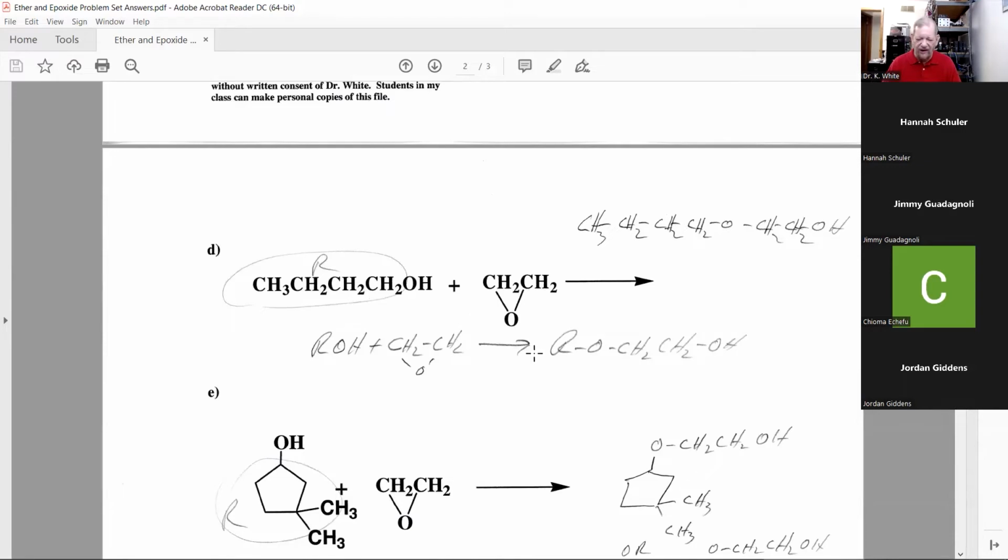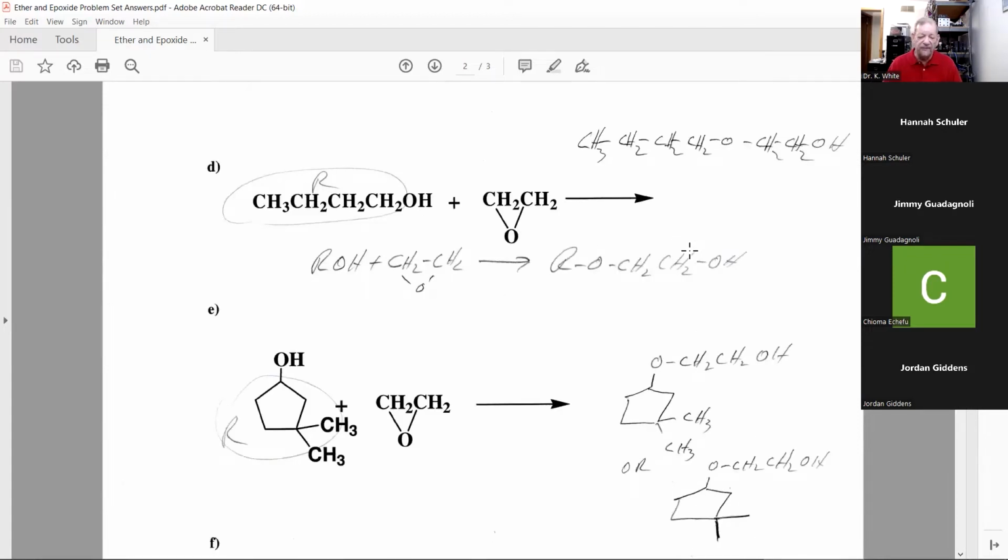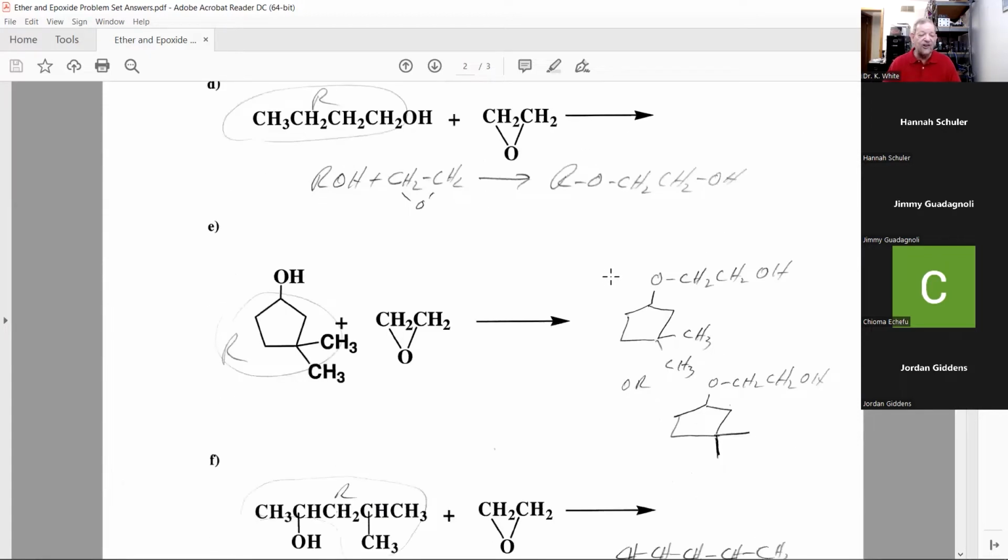And what do you get? The following ether alcohol. What's R? Butyl. And the carbon with the hydroxyl group is the carbon bonded to this O in the CO, CH2, CH2, OH. Not this one, not this one, not that one, only this one. So be careful.